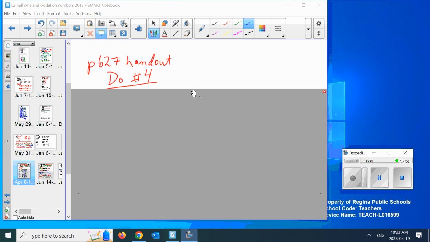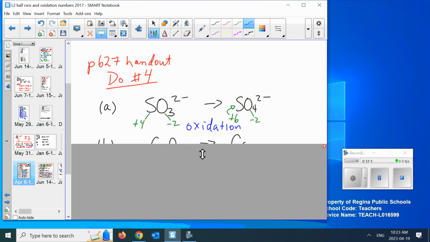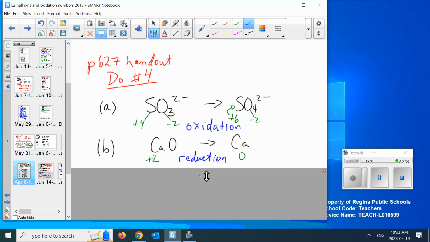Okay, we've had a chance to take a look at these questions. Want to look at that one? Did you guys get oxidation for that? I'll only go over them if you need me to. Reduction. Remember, an element by itself is 0.